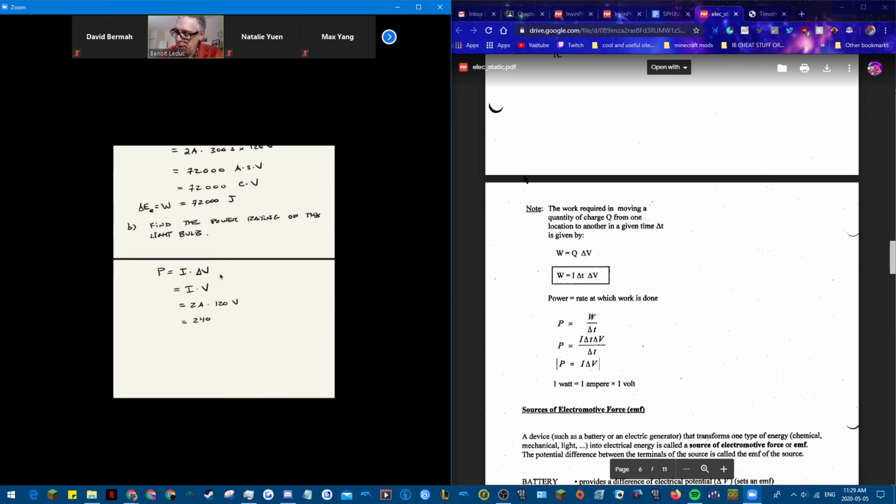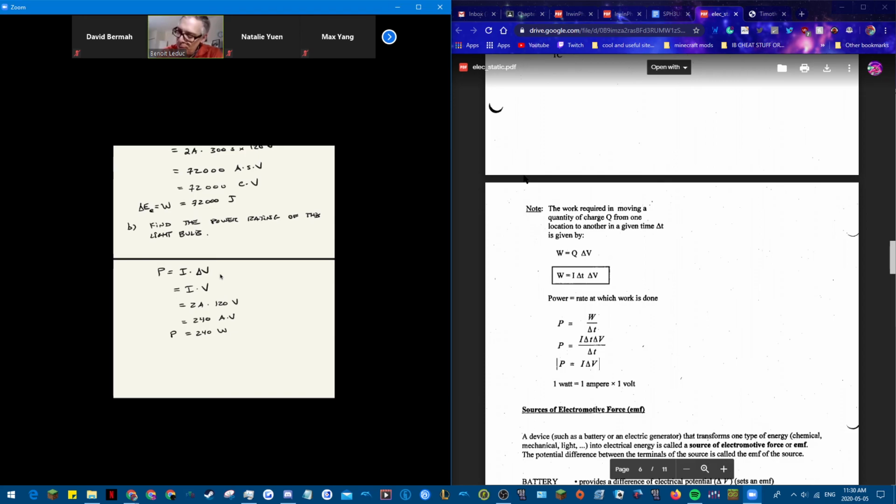That gives 240. Amp times volts gives, of course, watts. So this is the power rating of this humongous, not highly efficient, very powerful electrical light bulb. It's going to blind you. It's a floodlight of some sort.